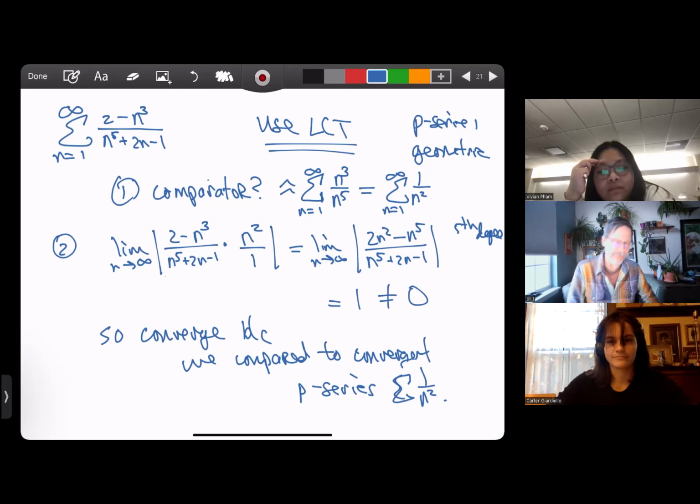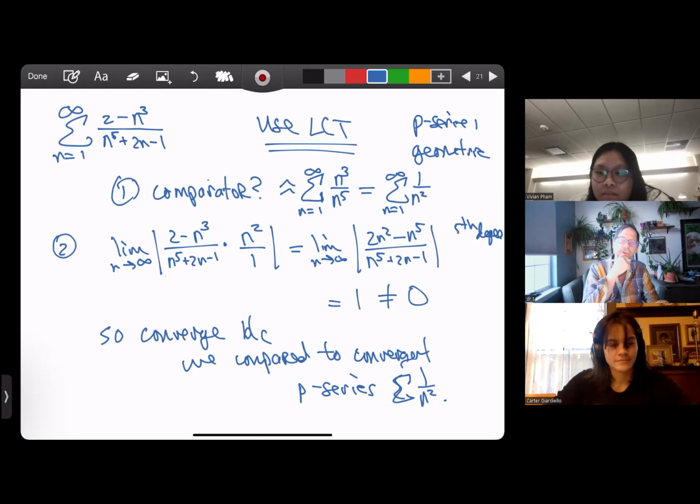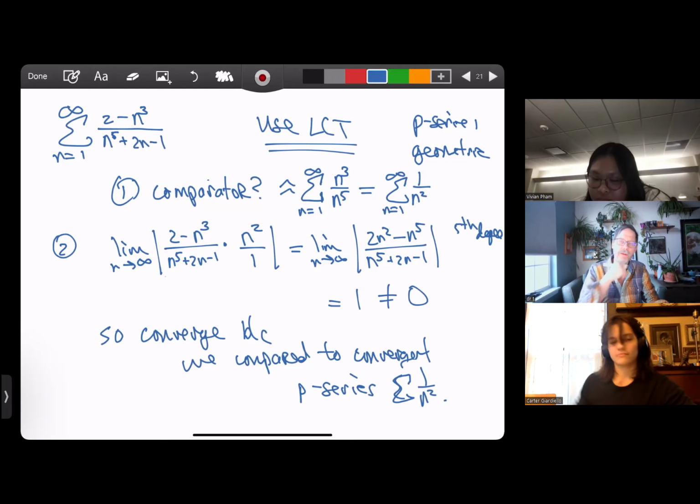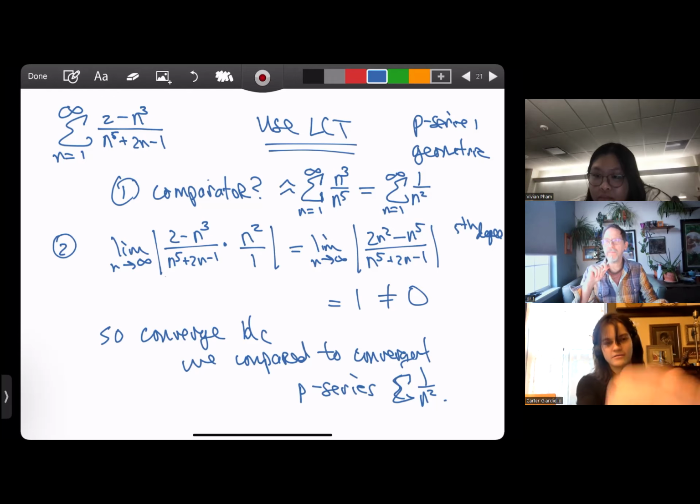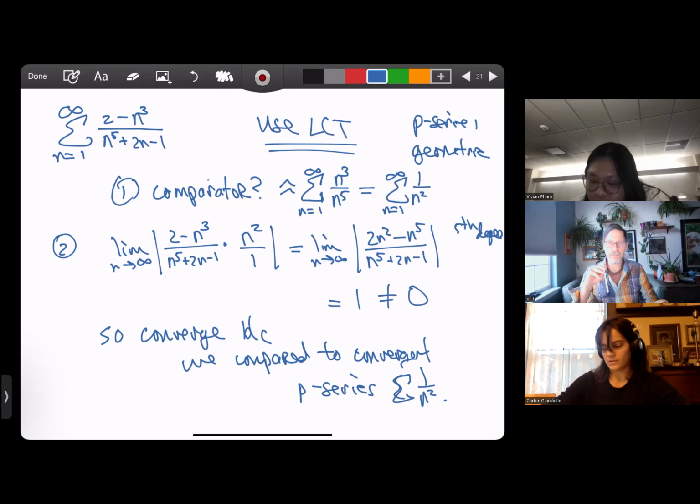Cool. So Lou, does that help? Yeah, just to run things over in my head. The original comparator was 1 over n squared, and we needed to make it less than the original function, so we flipped it.